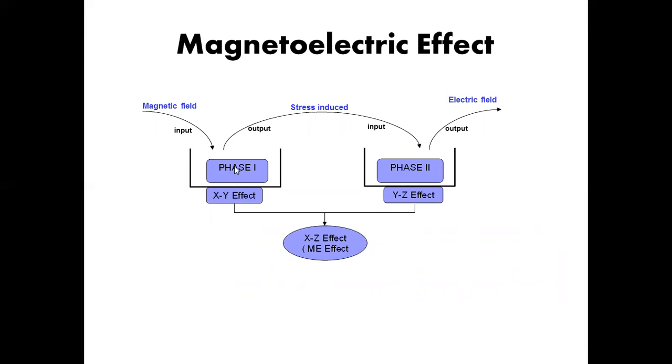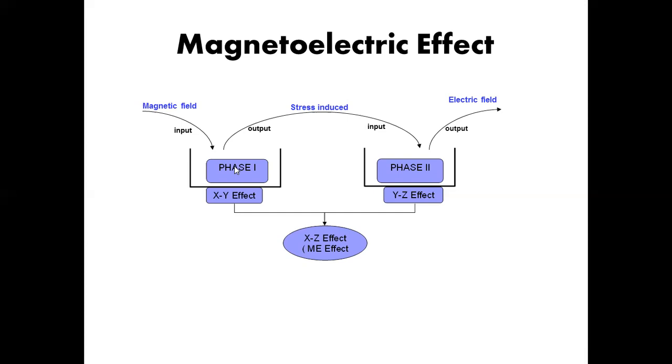Ferrites are also used because, as compared to the ferromagnetic materials, ferrites have a higher resistivity. Because of that reason, ferrites are more preferred than the ferromagnetic materials. So most of the time, this phase one material will be a ferrite material.